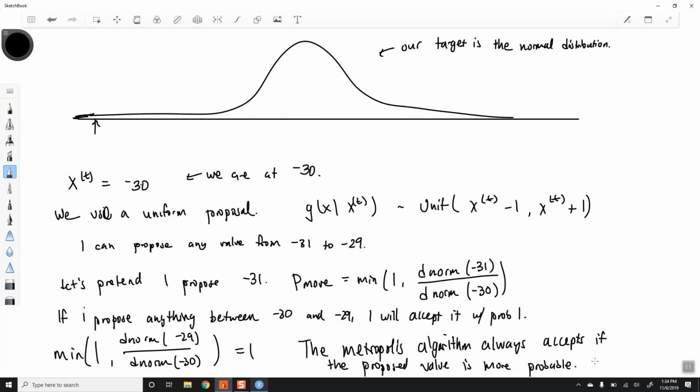Then the values that you generate from the Metropolis algorithm will look like the target distribution: values of high probability will be generated frequently in your final chain, and values that are less probable will not appear as frequently.